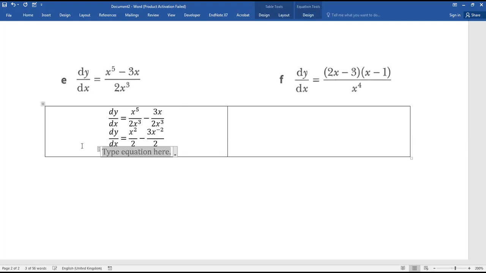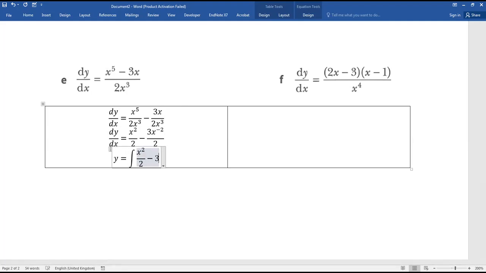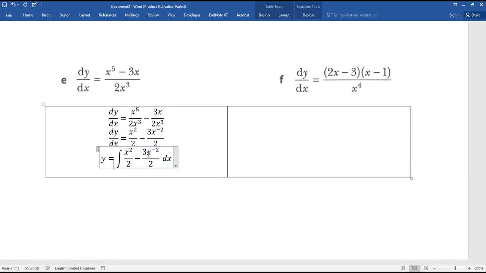Now I can integrate this entire thing, and when I integrate it, I can call it y. So I'll say x square upon 2 minus 3x to the power negative 2 upon 2, if integrated with respect to x, will give me y. This is what this entire thing means. Whatever is inside this integral symbol has to be integrated to give you y.